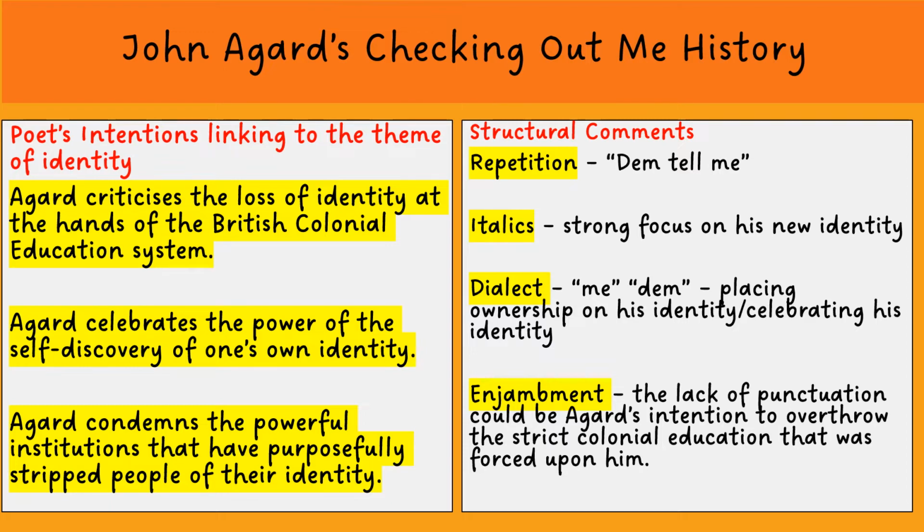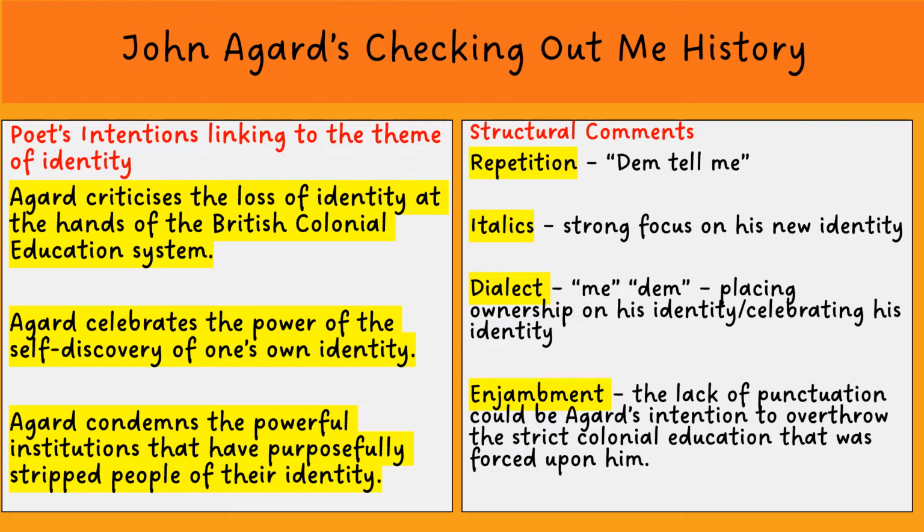And obviously that could link to this idea that, due to the fact that Agard's identity was removed from the history books, removed from the British colonial education system, when Agard finally sought out his identity, there was maybe some discomfort there. It was like this new entity that he hadn't considered, and he was getting used to this realisation that this is a part of who he is.